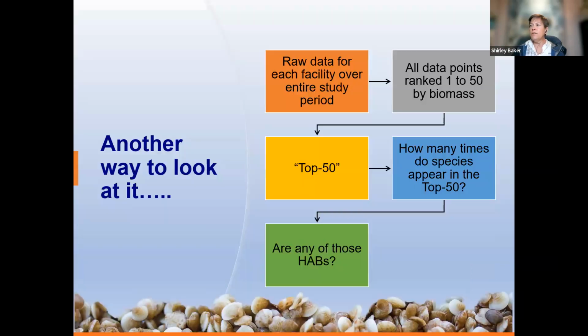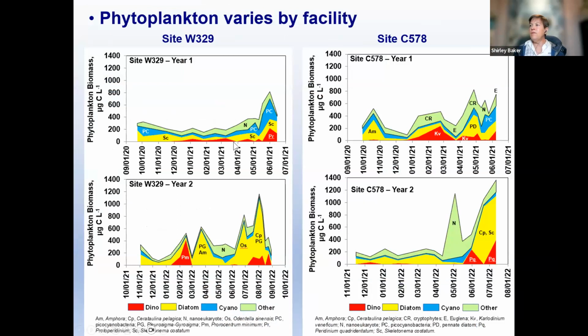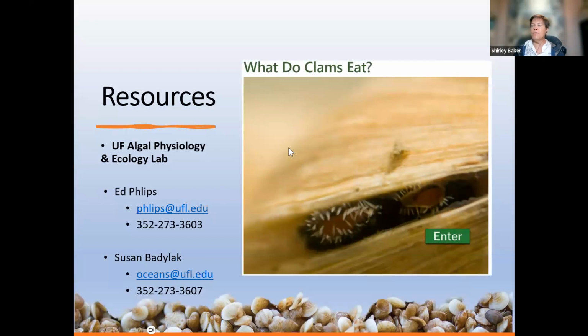So if you wanted to pick apart one of these other graphs and learn more about each of these species of algae, that website likely has some information about it, whether it's an acceptable item, whether it's not, and so on. I can try to answer some questions, but the best folks to answer questions would be Dr. Flips or Susan Badalak.